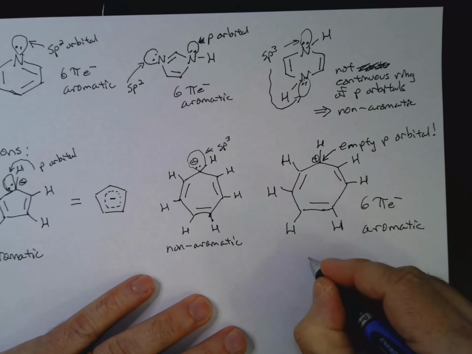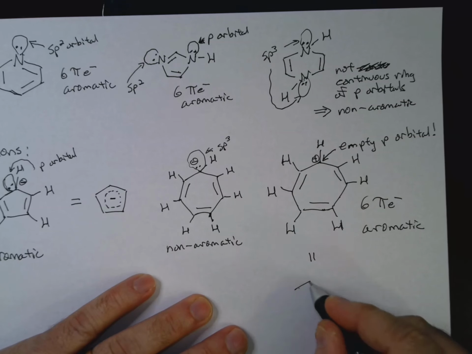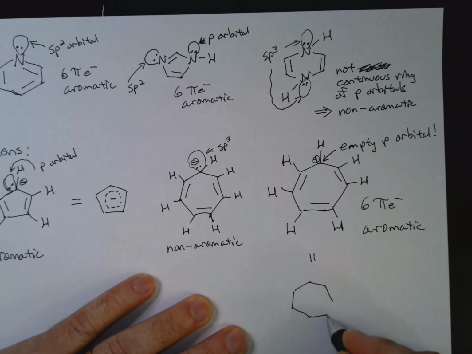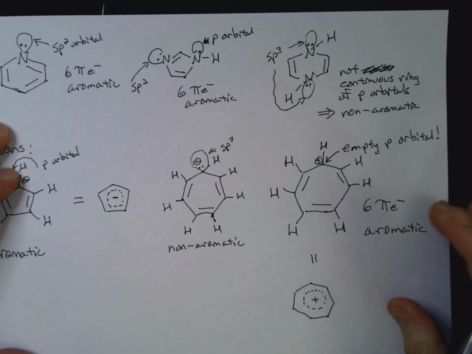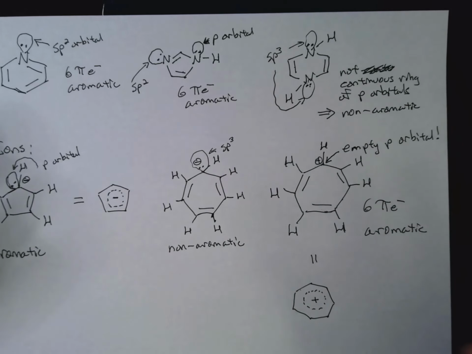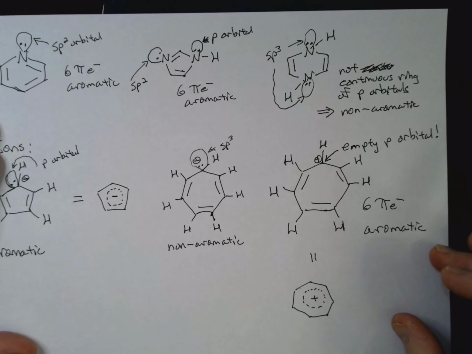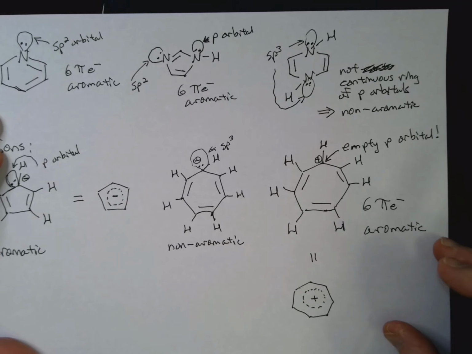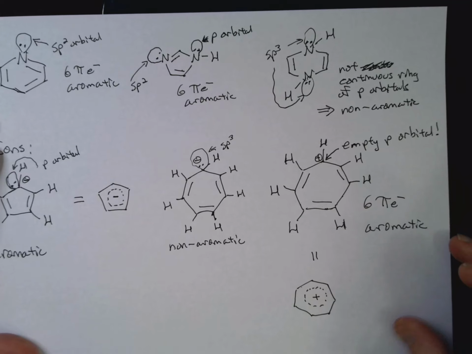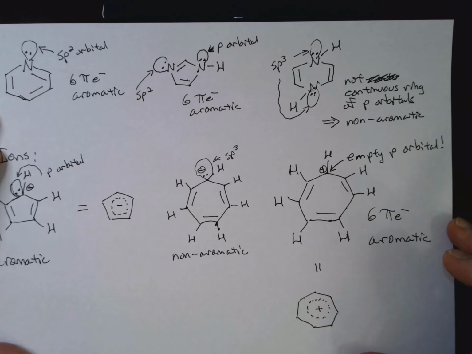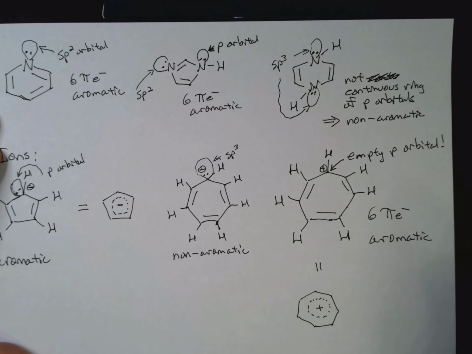In fact, we call this the tropylium cation, and it's pretty stable. And then again, sometimes it's drawn sort of analogous to our cyclopentadienyl anion. It's drawn like this. So you do want to get used to figuring out, so practice, get used to figuring out whether things are aromatic, non-aromatic, or anti-aromatic. And we'll go over more examples in class.